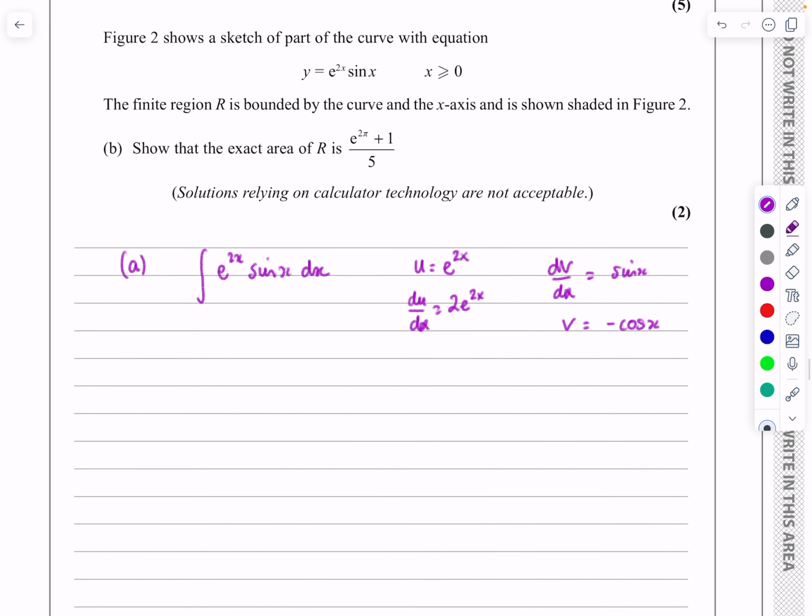And then with integration by parts, we use the idea that the integral of u dv by dx is equal to uv minus the integral of v du by dx.